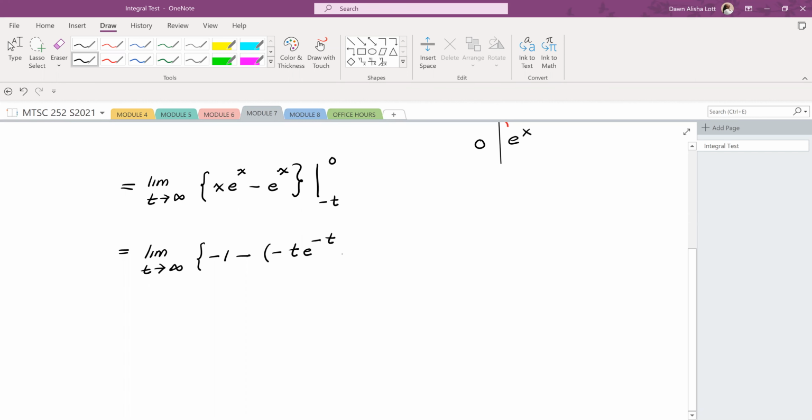And then I'm going to get minus e to the minus t. So now I get the limit as t approaches infinity of minus 1, then this is going to give me plus t over e to the t, and then I'm going to get plus 1 over e to the t.